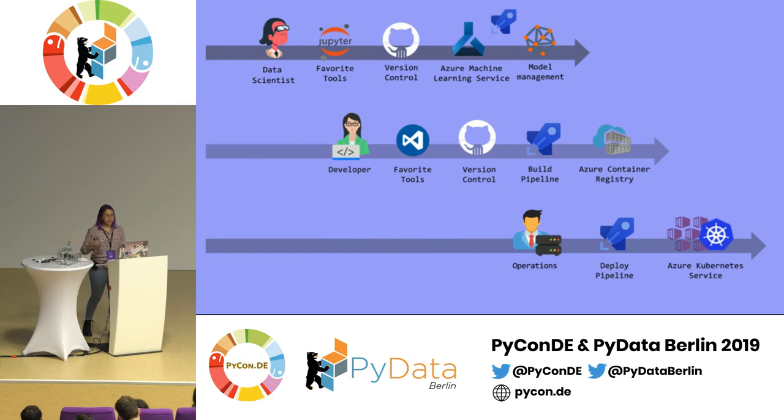Your software engineer friend or your colleague can use their favorite tools, whether it's VS Code or PyCharm or anything else. Again, use version control, build the pipelines for continuous integration, and build Docker containers. And then the operation person will take that pipeline that was created before to take into production, for example, using Kubernetes.